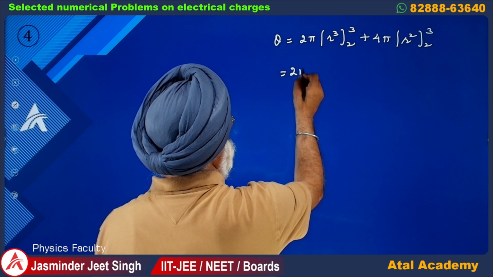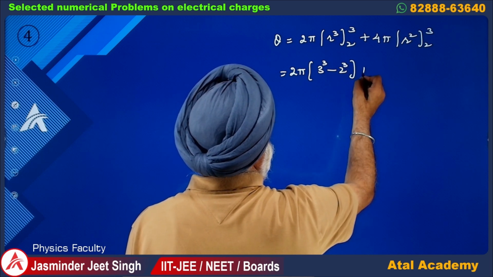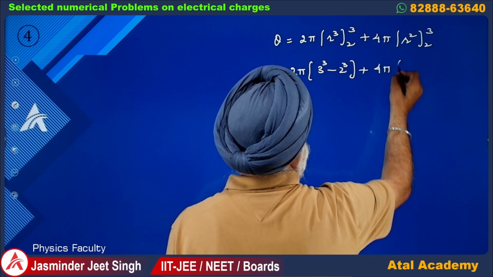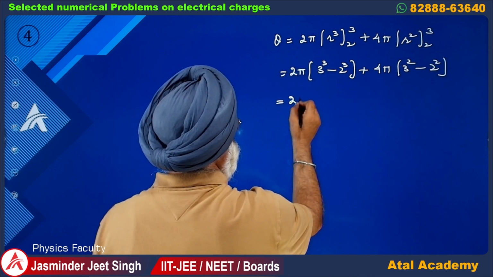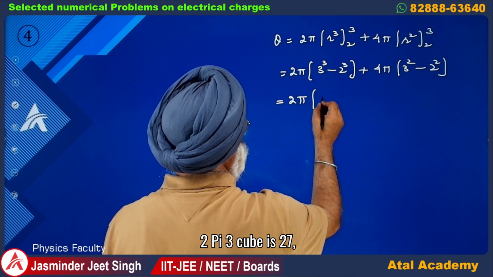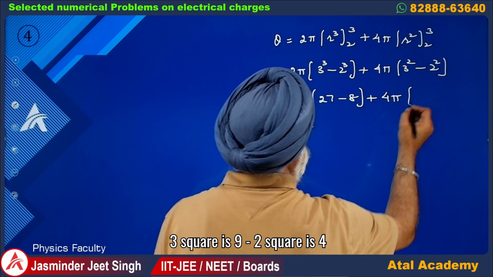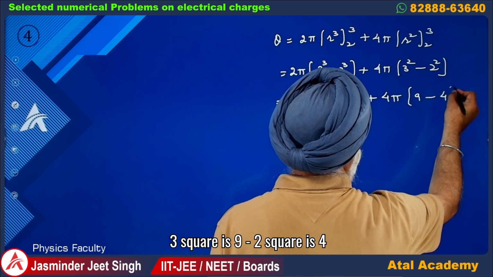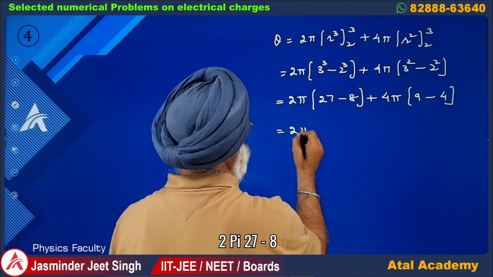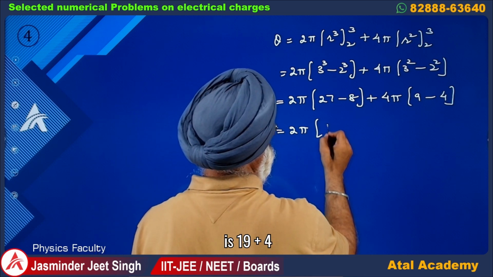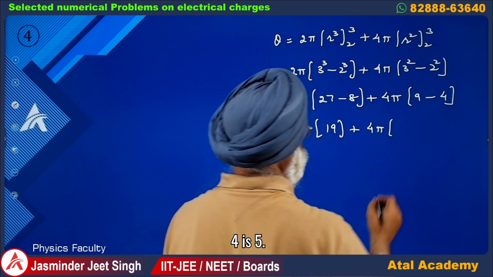It will be 2 pi into 3 cube minus 2 cube plus 4 pi into 3 square minus 2 square. 3 cube is 27, 2 cube is 8, plus 4 pi, 3 square is 9 minus 2 square is 4. So 2 pi into 27 minus 8 is 19, plus 4 pi into 9 minus 4 is 5.